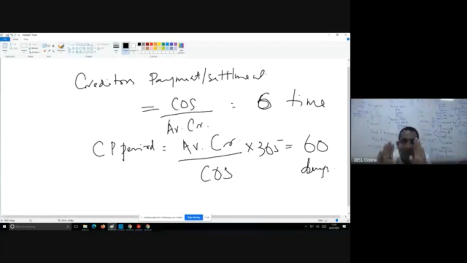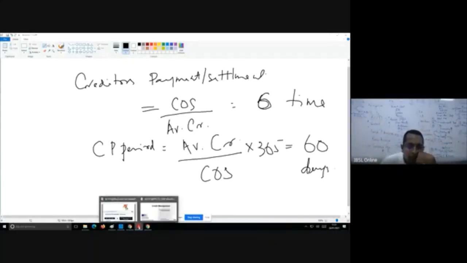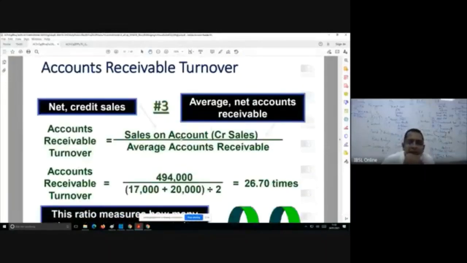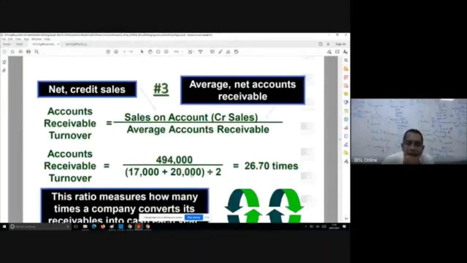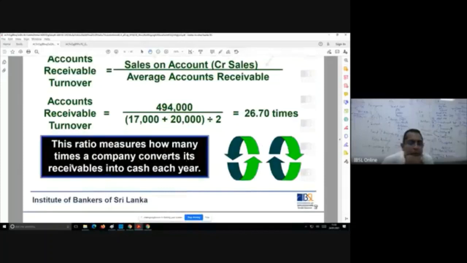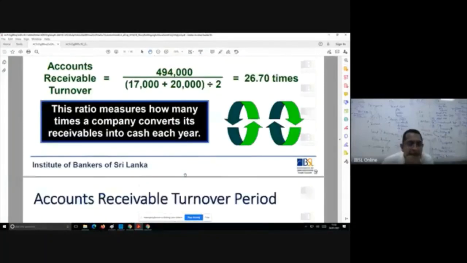So these are the liquidity ratios, right? I'll show you the handout. Account receivables, sales on account, trade sales, average account receivable, this plus this divided by 2. The ratio measures how many times a company converts its receivable into cash every year.